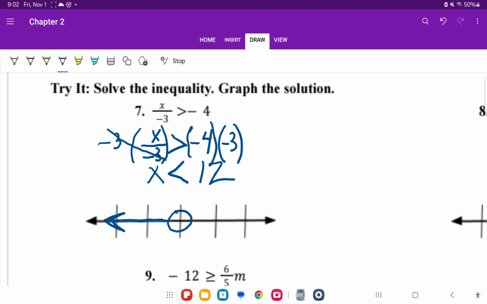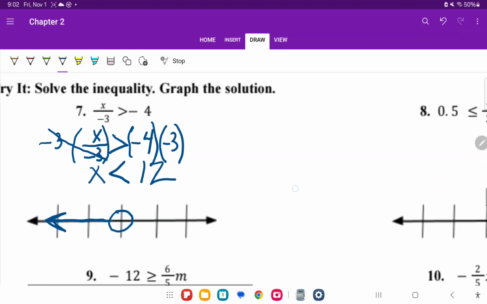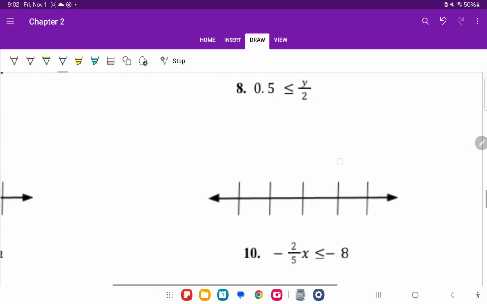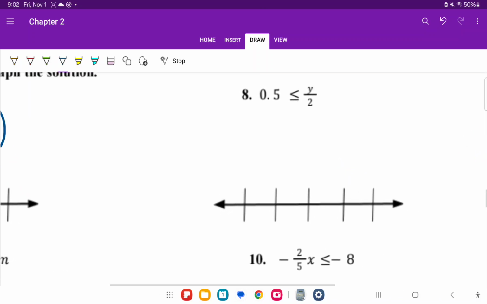All right. Now, this next one is a little tricky. It has a couple of extra things in it that we've got to pay attention to, okay? Jarrett, you're up. So, right here, Jarrett, we have to get the y by itself.